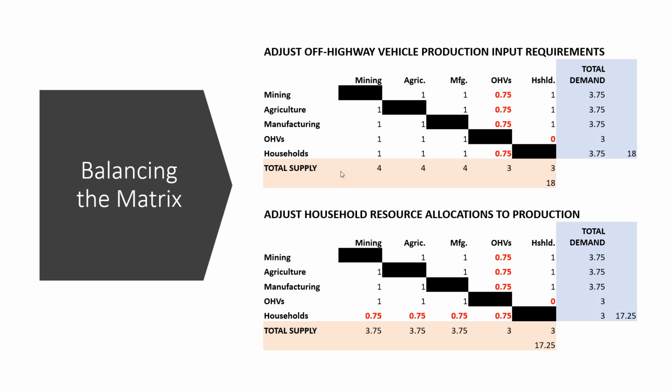The point of this slide is that we took 1 unit of household demand out of the economy. Okay, we quit buying off-highway vehicles and households. But instead of just having a drop in the size of the economy of 1 unit, we ended up with a drop that is 2.75 units. And that's because of the indirect and the induced effects of the direct effect that we threw in, the reduction of 1 unit of the economy.